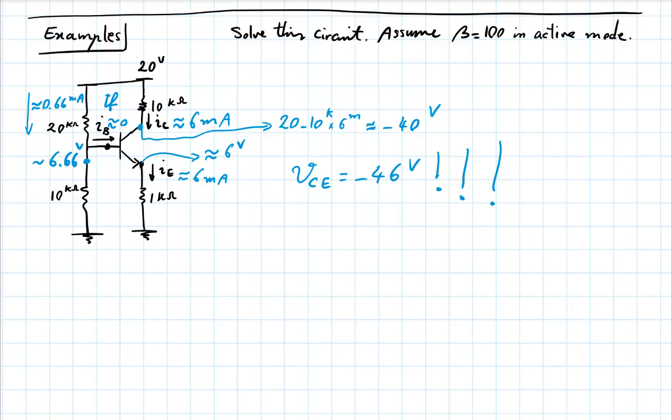And this should be very deeply disturbing, especially if you take the view that this implies that the base collector diode has a forward bias of around 45 volts. Right?